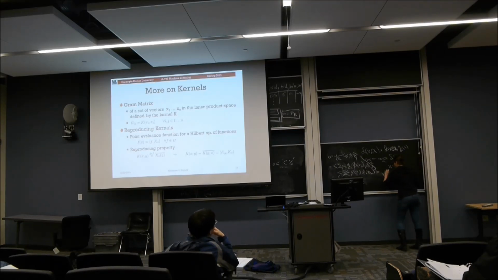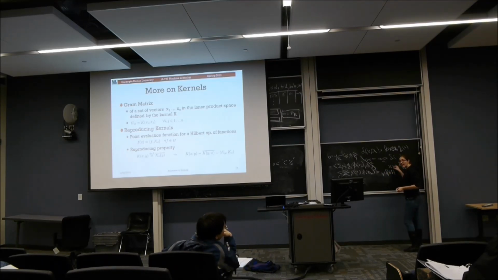For every function f in my Hilbert space, when I need to compute f of x, I just compute the product of f with K of x, and this gives me f of x. It's a way of evaluating the function f at point x using just the dot product. It's a different way of thinking of how to evaluate a function at a point.